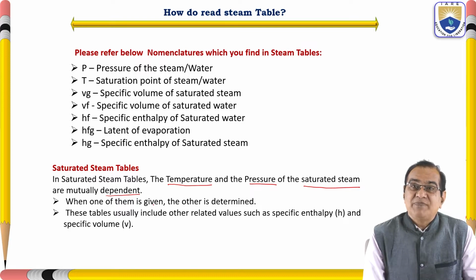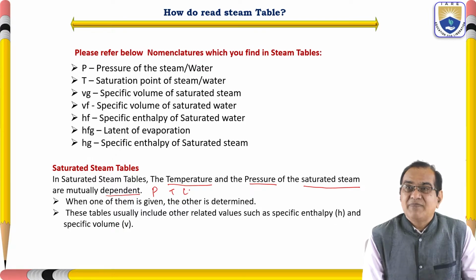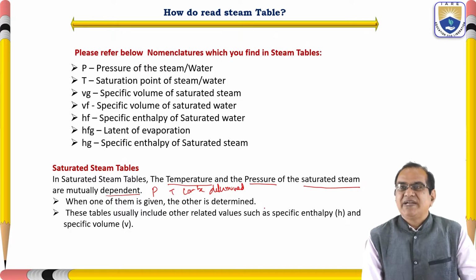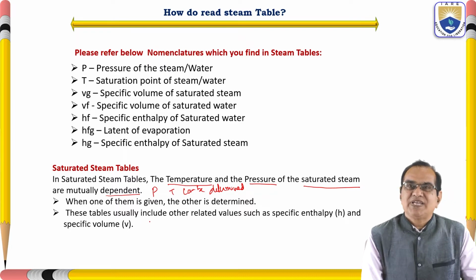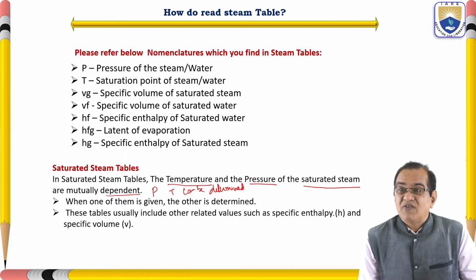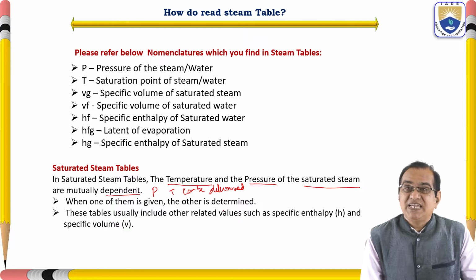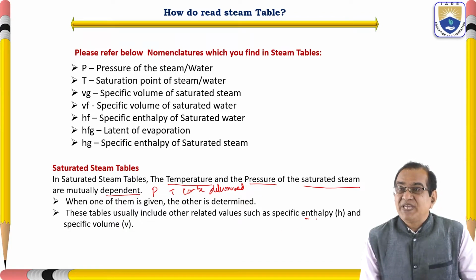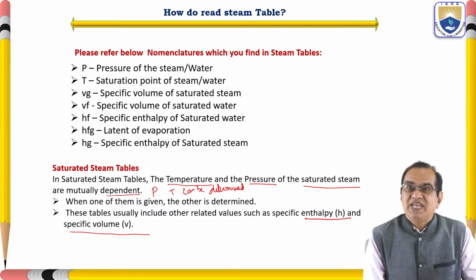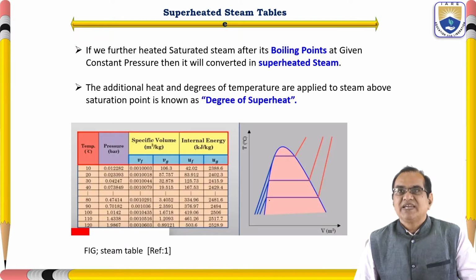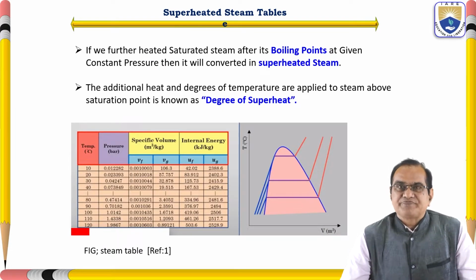When one of them is given, if P is given, T can be determined. These tables usually include other related values such as specific enthalpy h and specific volume v. So if you know P and T, you can find the enthalpy h, specific volume v, and so on. That we will be discussing in these tables.